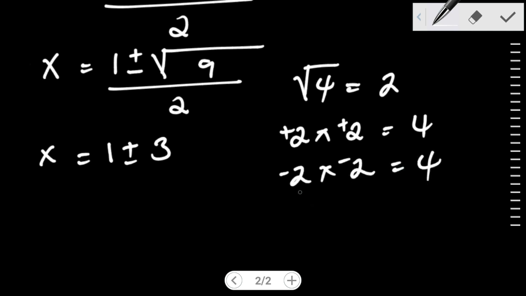So that's why the root of 4 would be positive or minus 2, and that's why the root of 9 is positive or minus 3.